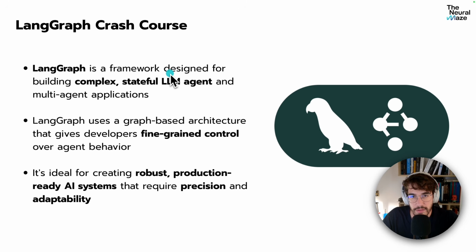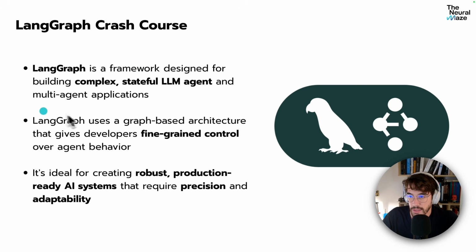LangGraph is going to treat all the agentic workflows, all your agentic systems, as graphs, as the name implies, LangGraph. But these graphs have a state attached, and that's the reason why in the canonical definition of LangGraph, they are adding this stateful word.